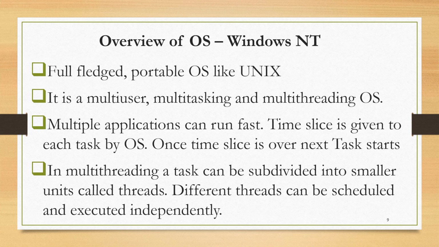One task is divided into multiple threads, and these different threads can be done in parallel by multiple CPUs. Different threads can be scheduled and executed independently. So this job is done by the Windows NT OS.